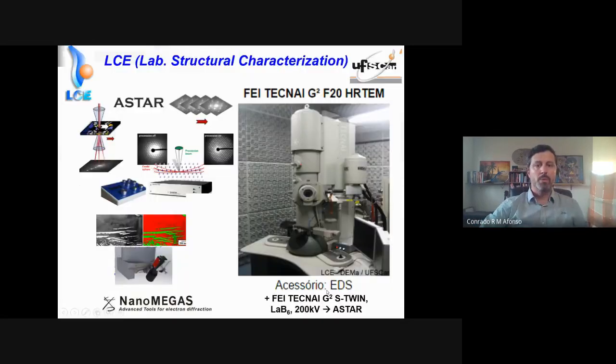I would like to present this work, which is based mainly on the characterization technique called ASTAR, which is the brand, and the technique is ACOM, automatic crystallographic orientation mapping.